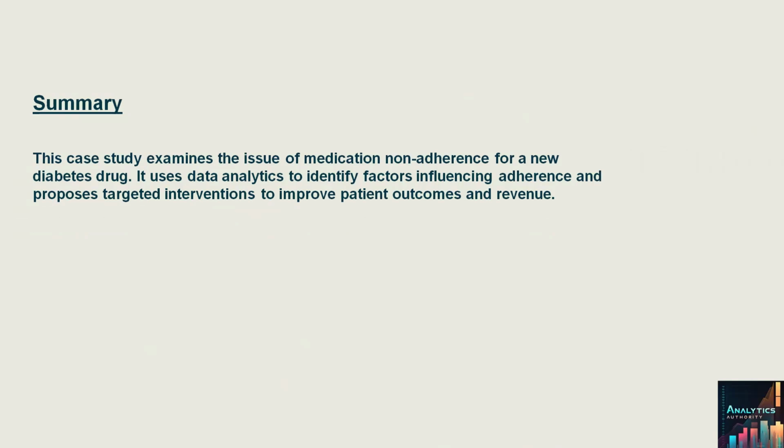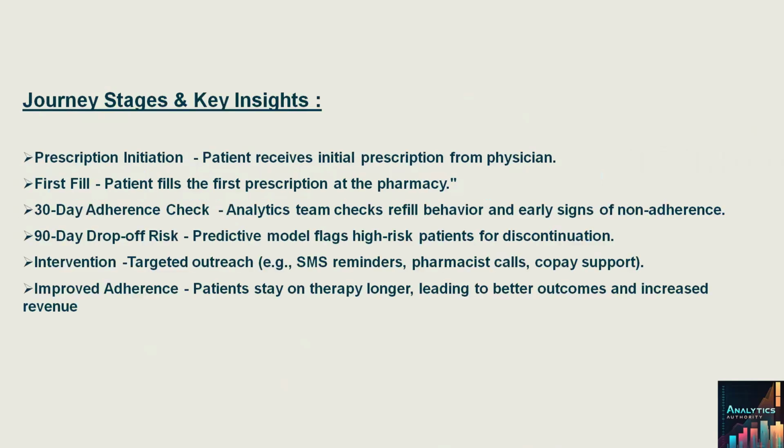Now the last one, the summary. The summary is the same thing we just discussed in the previous couple of slides: medication non-adherence for a new drug and the XGBoost modeling that we derived here for the patient outcome and the revenue. Now coming to the key stages and the key insights.